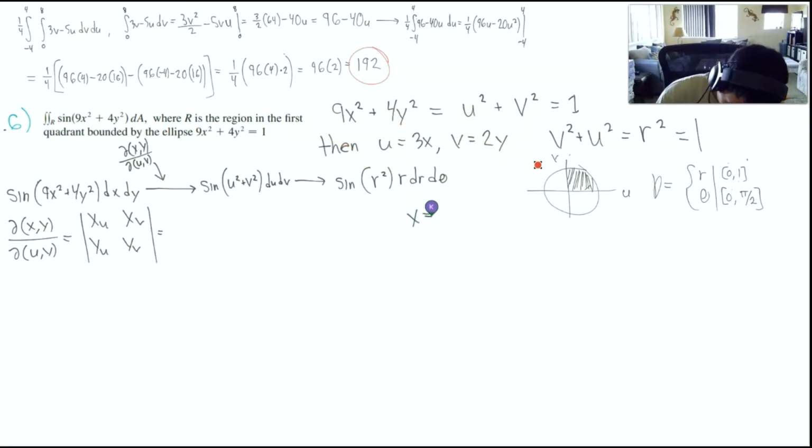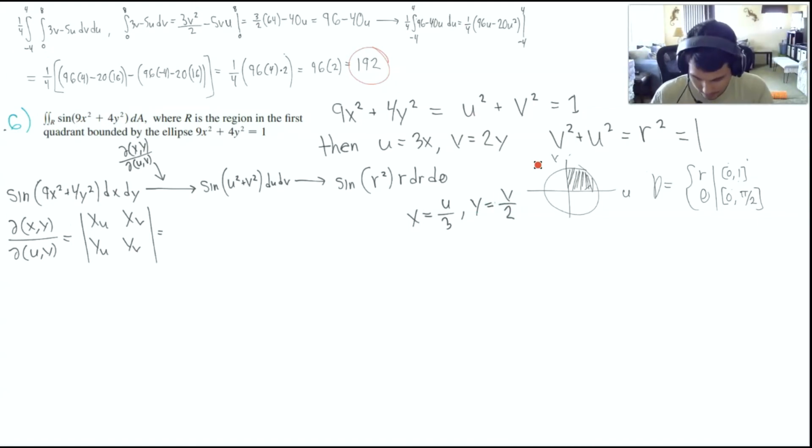x is equal to u over 3, y is equal to v over 2, right?